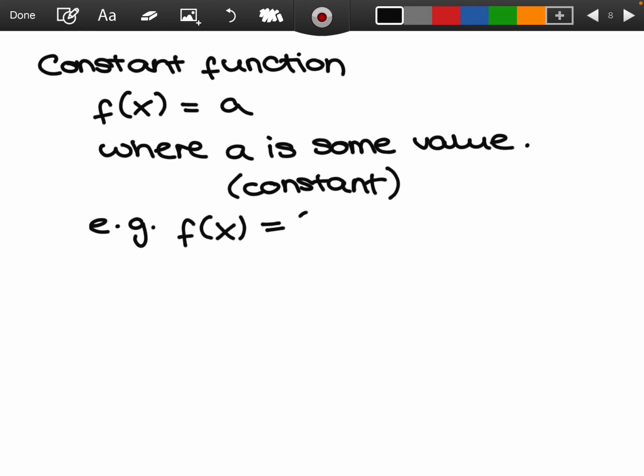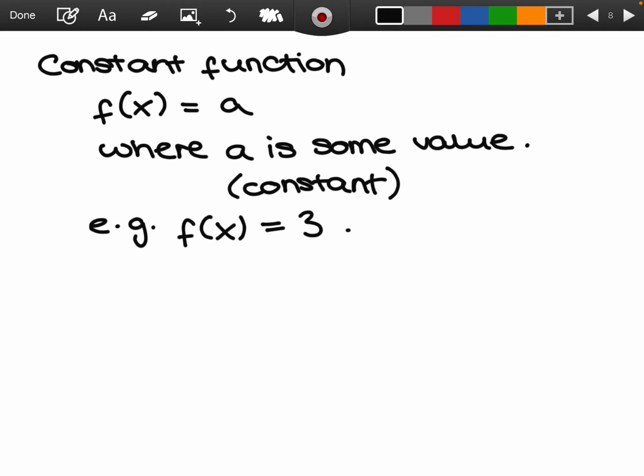So let's say I had f of x is equal to 3. That would tell me that regardless of what my value of x is, it's always going to be mapped to 3. So every single element in my domain maps to that exact same element in my codomain.